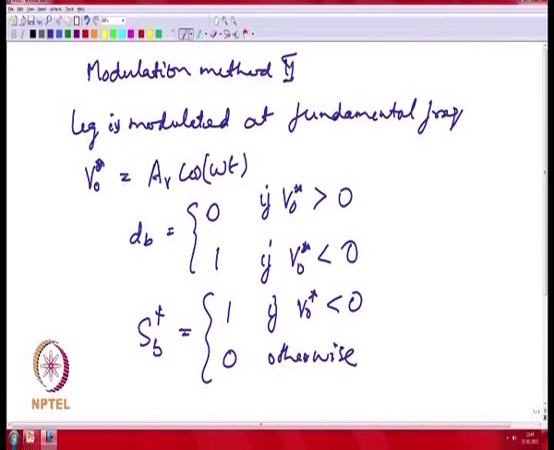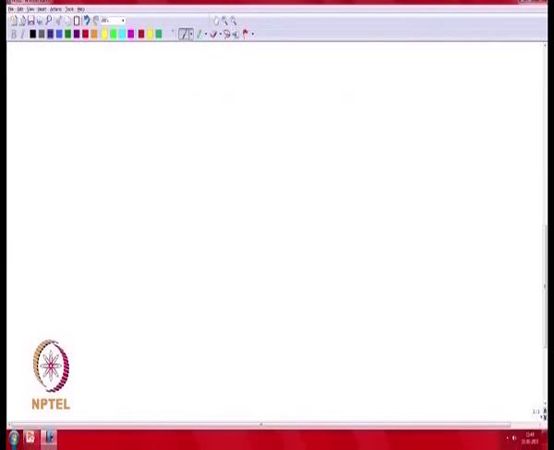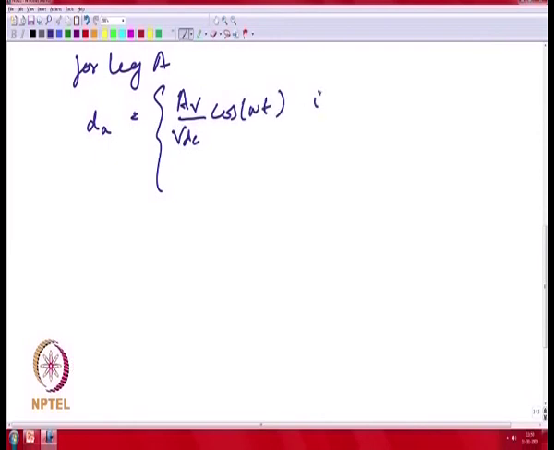So, if you look at the duty cycle signals that are being applied for leg A, we have dA is equal to, and 1 plus AV by VDC cos omega t otherwise.